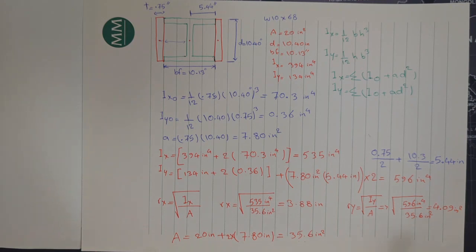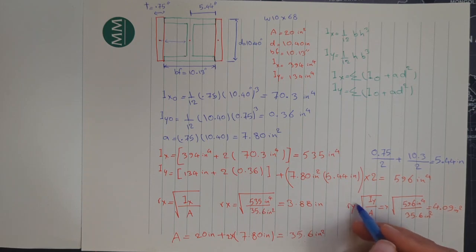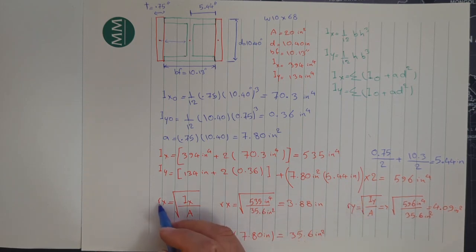So these are the final answers that our problem wanted. If we go back to see what our problem wanted, example 7.8: calculate the radius of gyration with respect to both centroidal axes for the cover-plated W shape shown in figure 8.14. So we have the radius of gyration with respect to y and with respect to the x-axis. So that's it. This was example 8.14.